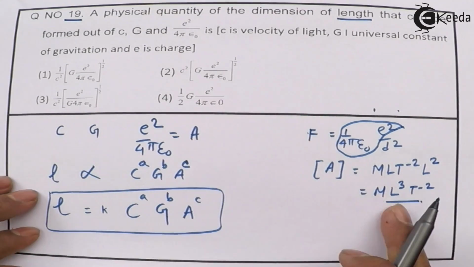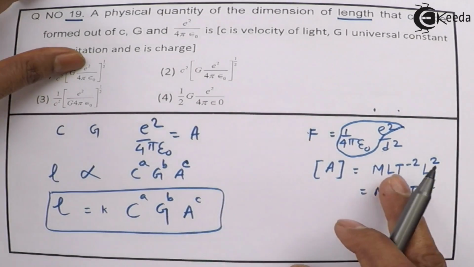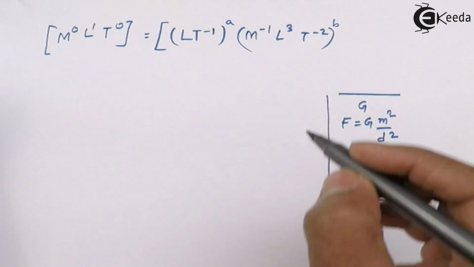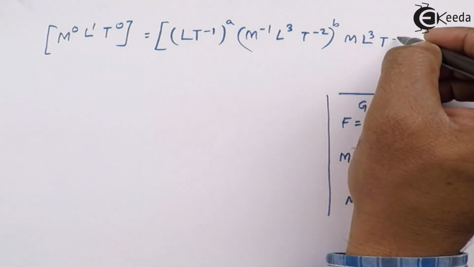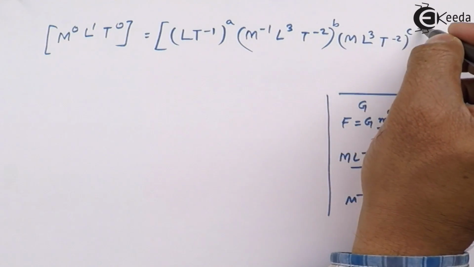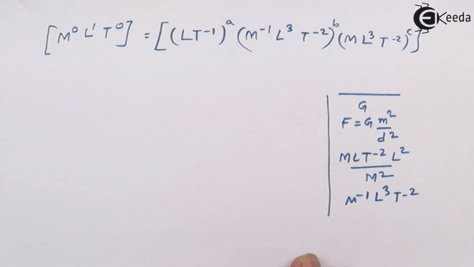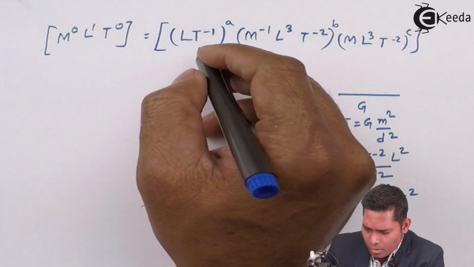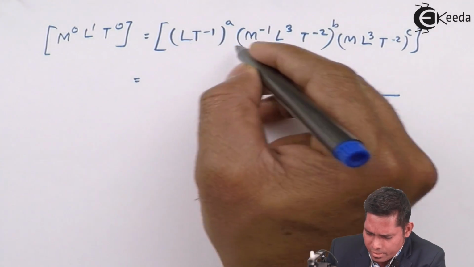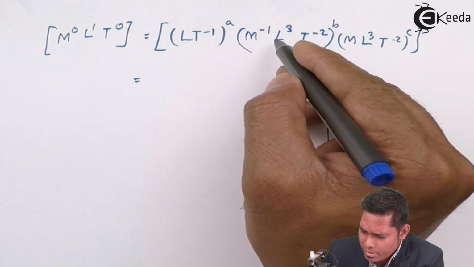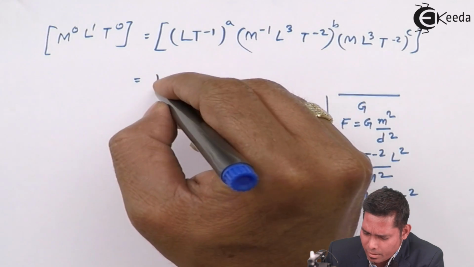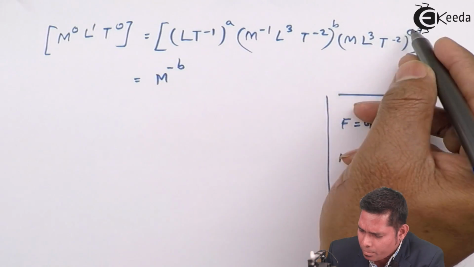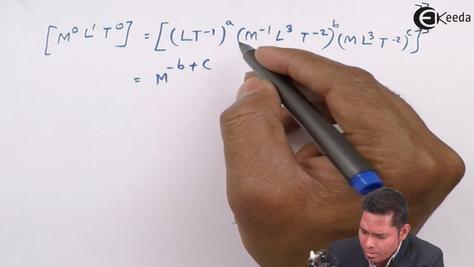So I just substitute this value here to the power of c. So this power c will be written as M L cube T minus 2 to the power c. This is what you actually have to solve to get the answer. Now I just have to rearrange this. L is here, M is here, M to the power minus b here and M to the power c here, so it is minus b plus c.